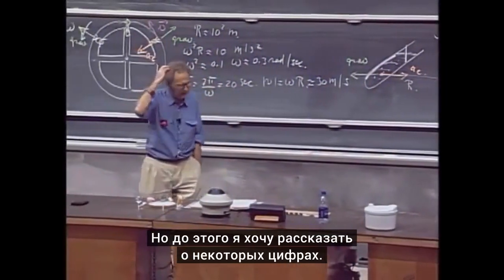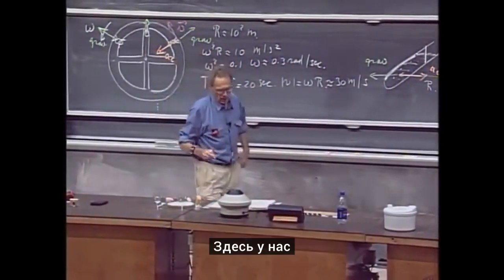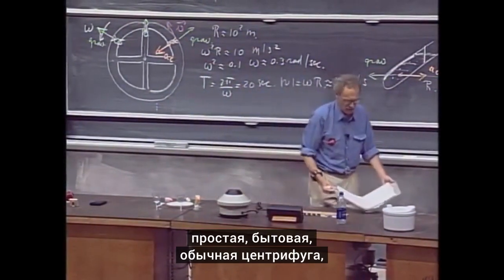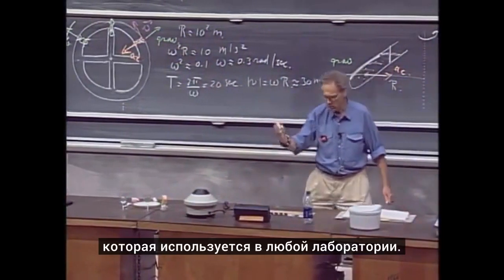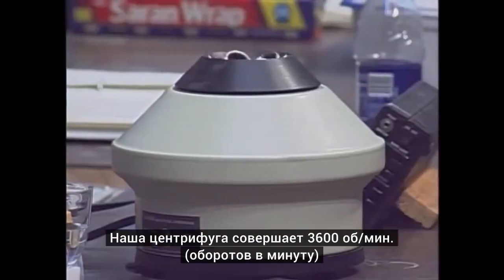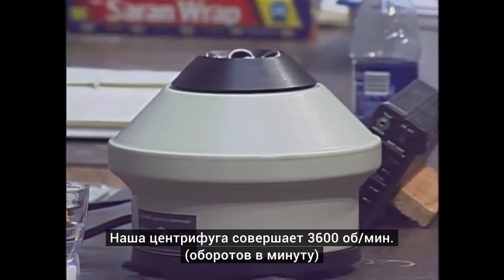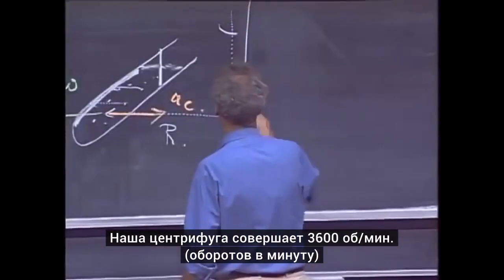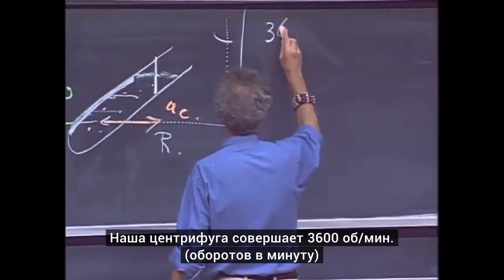But before I do that, I want to give you some numbers. Here we have a household, simple, nothing special centrifuge that is used in any laboratory. The centrifuge that we have has an RPM of 3,600 RPM.